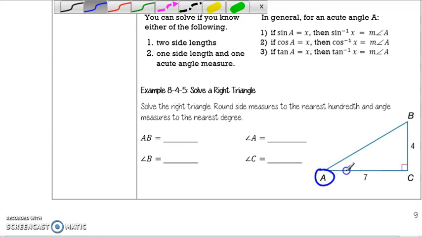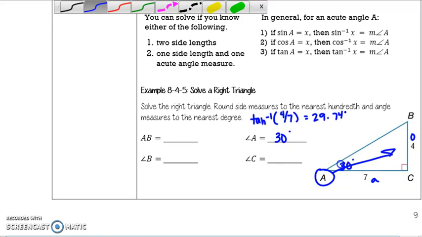So let's go ahead and find angle A, opposite, adjacent. So for angle A, I'm going to use the tangent inverse of O 4 over A. So that's going to give me 29.74, and this wants me to the nearest degree, so I'm going to round that up to 30.